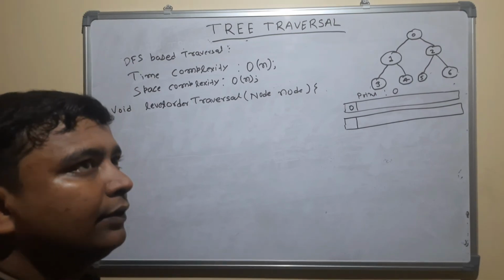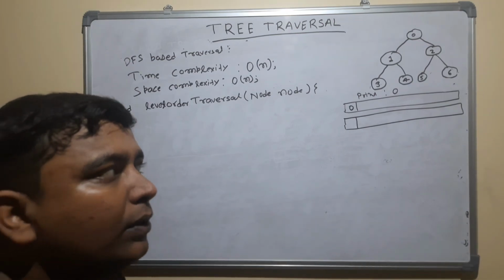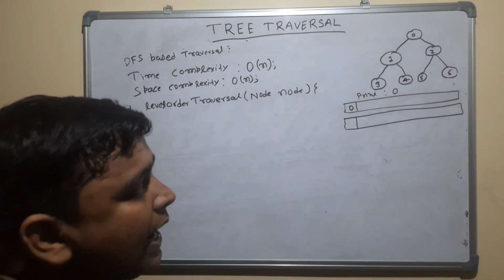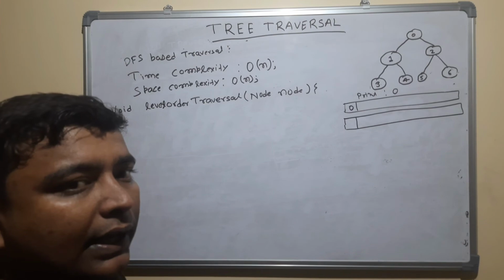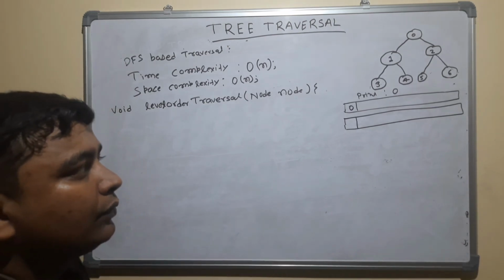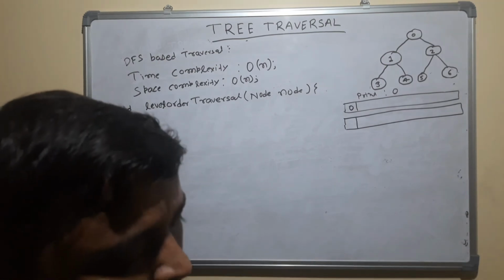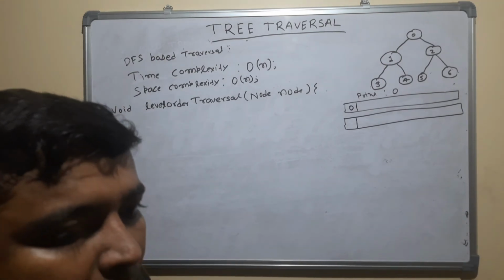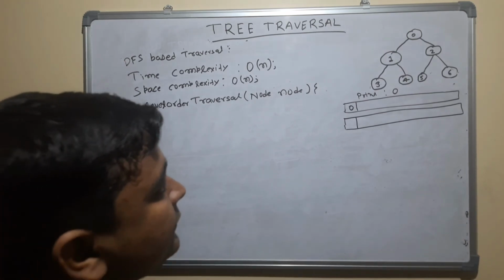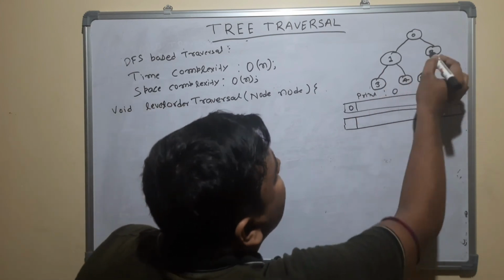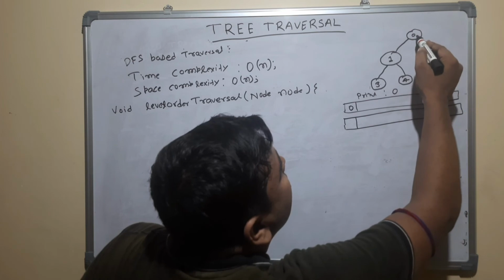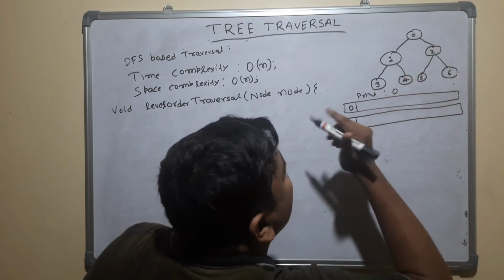Suppose I remove the parent node from the queue, then I will also have to add its left and right node in the queue. So one parent node will be removed, and left node and right node will be added. When I remove 0, the left and right nodes of this parent are 1 and 2.